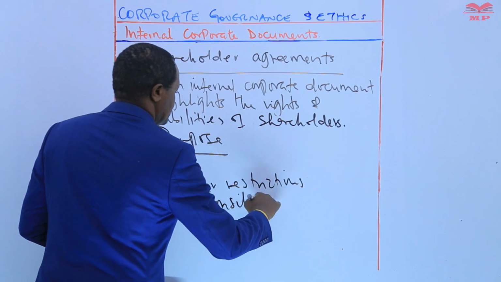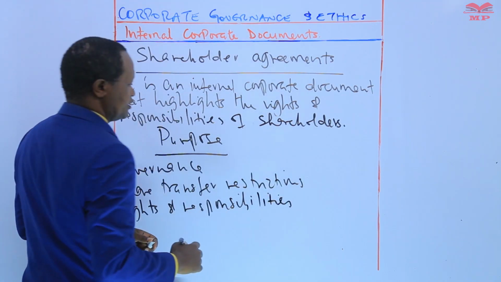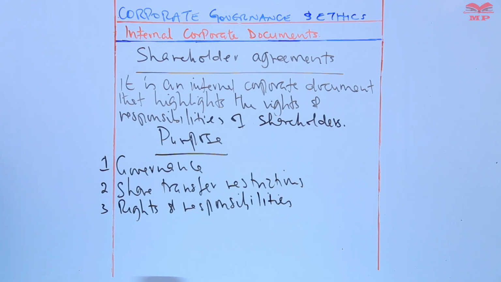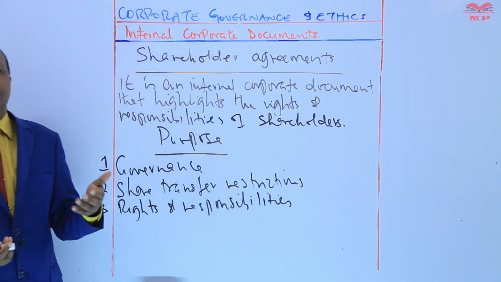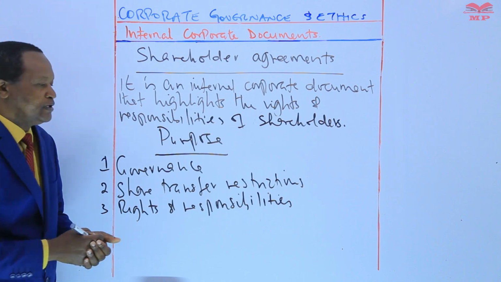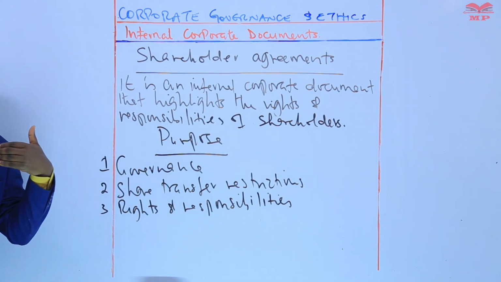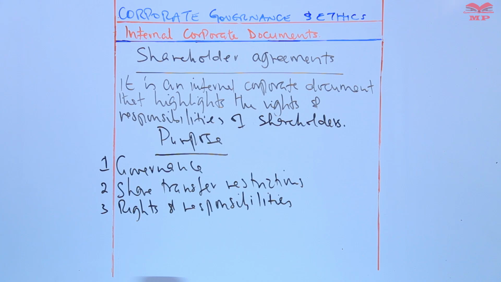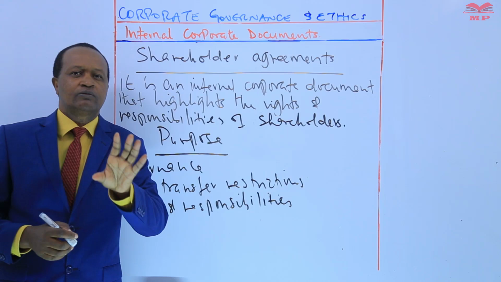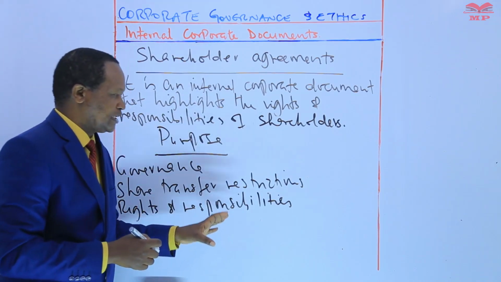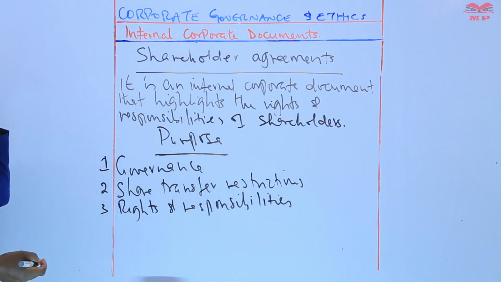It outlines the rights and responsibilities of shareholders, such rights as entitlement to dividends, access to information, participation in the decision-making process, and it also details the obligations such as capital contribution, adherence to confidentiality, those are obligations, and so on.